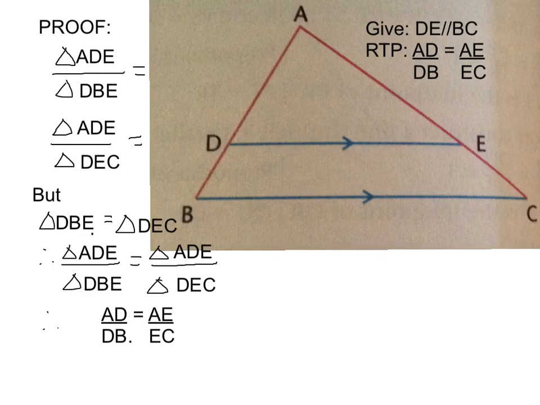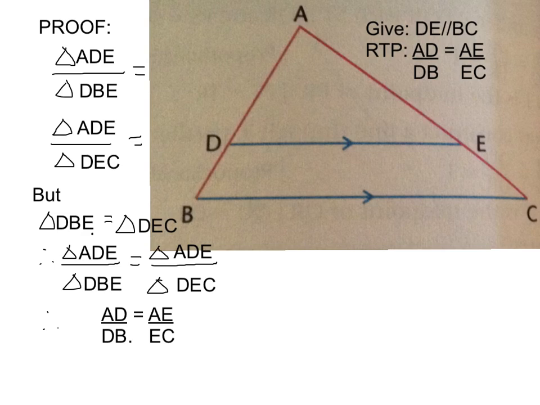So in this theorem we're going to be given a particular sketch. In this case we are given triangle ABC and we're given that DE is parallel to BC, and we want to prove that AD over DB is equal to AE over EC. My proof is based on those last two statements that we've seen on the previous two pages.